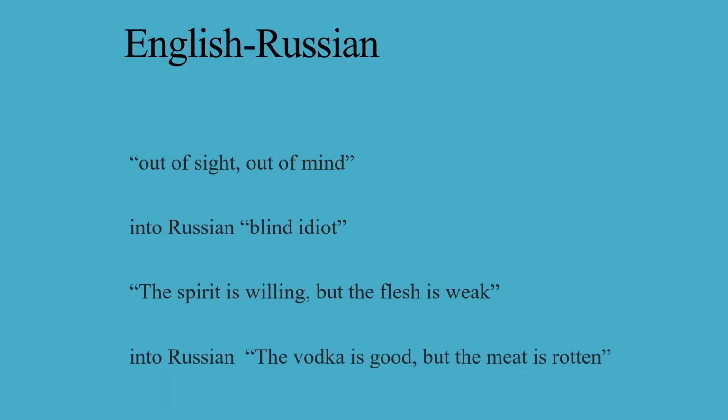And then back into English, the vodka is good, but the meat is rotten. So from these basic examples of idiomatic expressions, first into Russian and then back into English, the group of experts said, well, the machine doesn't do the translation quite well.